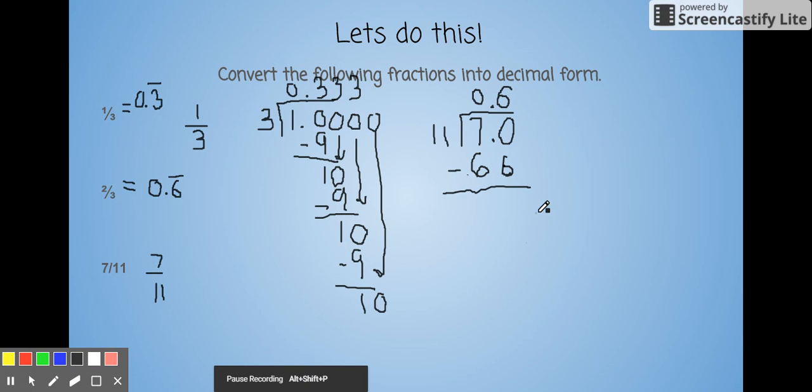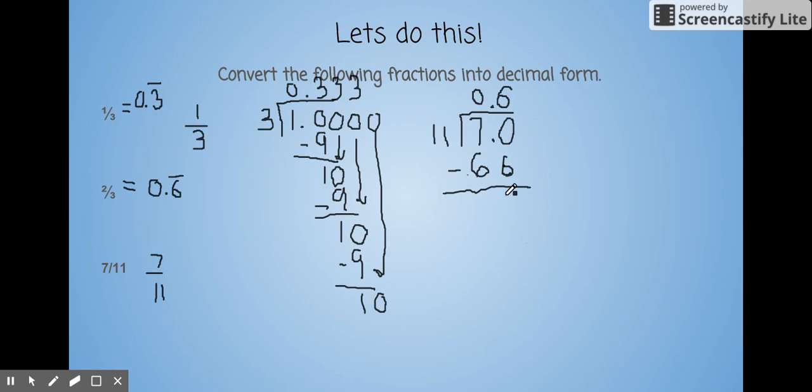I need to subtract 70 minus 66, and I get a 4. Bring down a 0. Now I have 40. So 11 can go into 40 3 times, and 11 times 3 is 33. 40 minus 33 is 7.